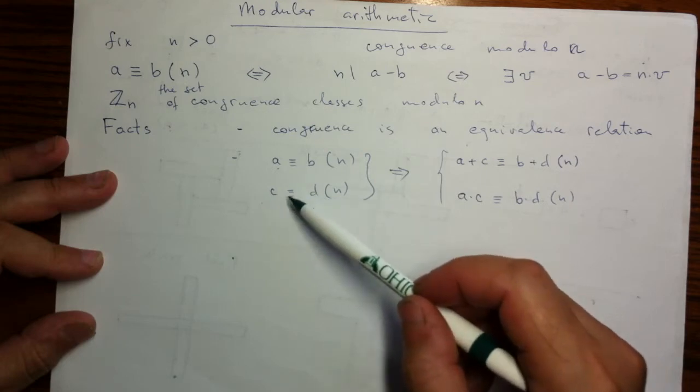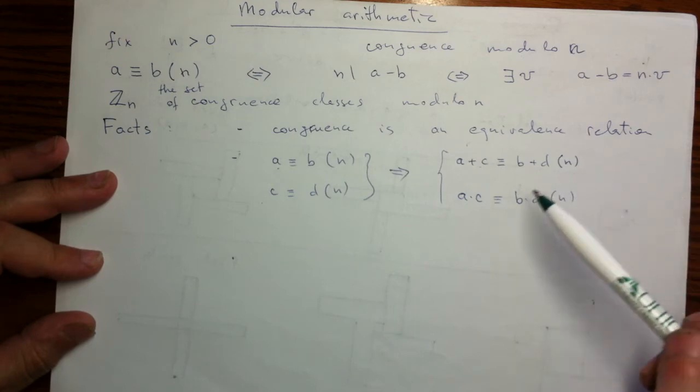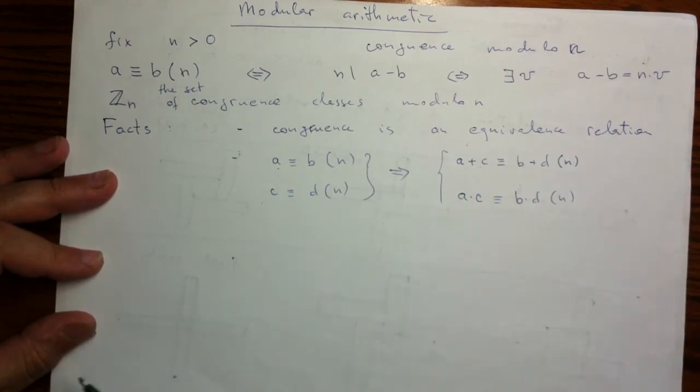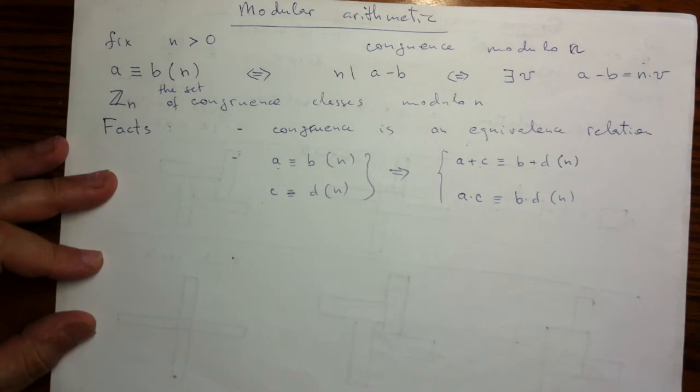And the same for another class. Computing the sum will be the same under any other choice, and computing the product will also not be affected by our choice of representatives in the class. So this is saying that you can do arithmetic operations on classes without fear. You will stay inside a given class after performing an arithmetic operation.